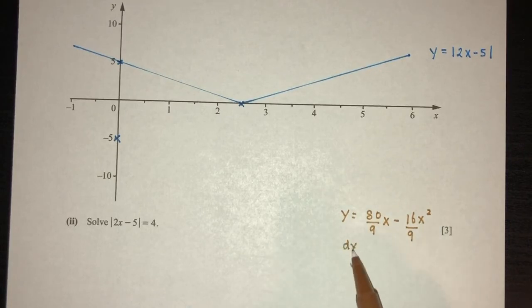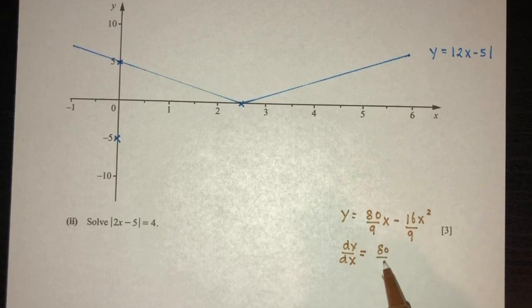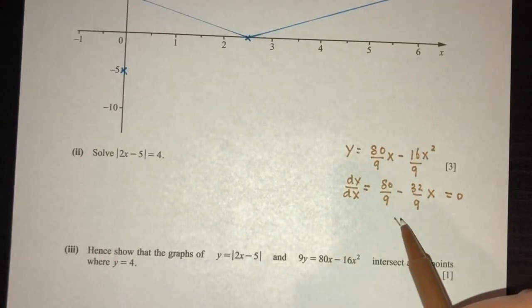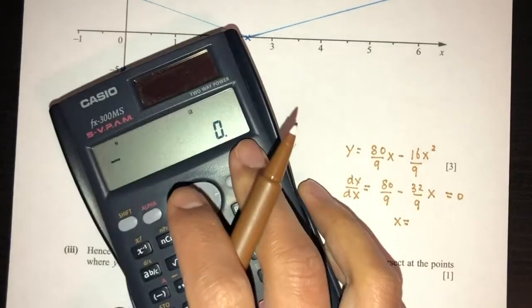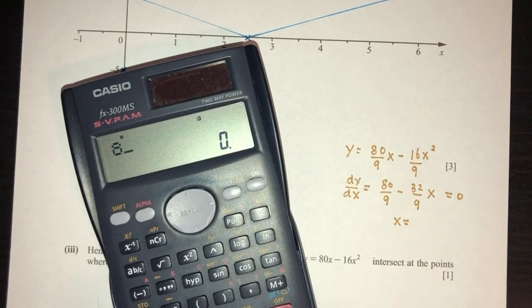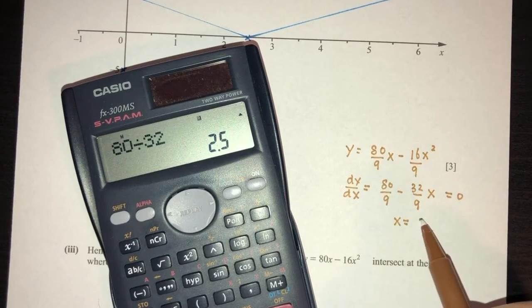So let's find dy by dx, because we want to find the stationary point. You will have 80 over 9 minus 32 over 9 x. We have to equate that to 0. From this you will realize that the value of x will be 80 divided by 32, that will be 2.5.